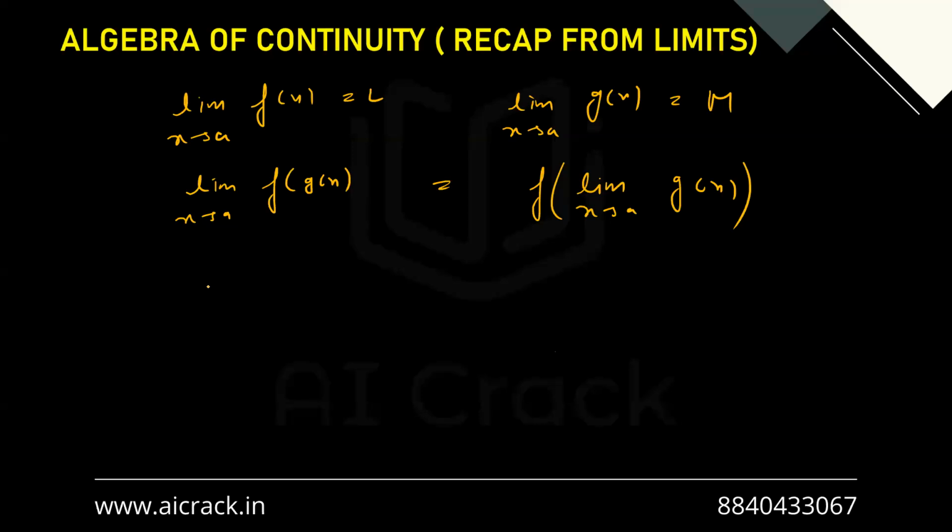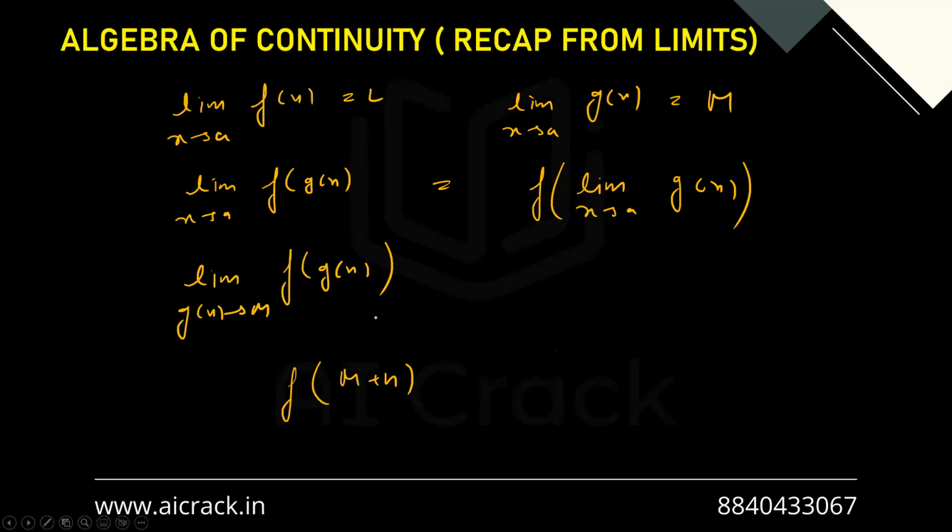So we can simply write this as limit as g(x) approaches m of f(g(x)). Now when g(x) is approaching m, we can write this as f of m plus h, because again, it's approaching m, it's not exactly m. When we take the limit, then the thing is different. But when we say that g(x) is approaching m, we mean that this is f of m plus h.